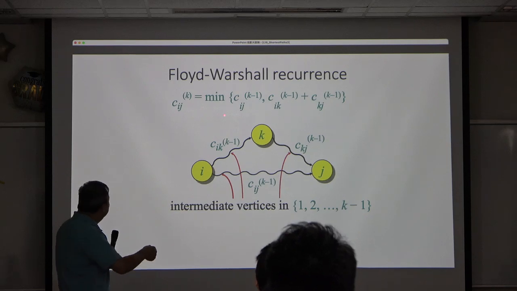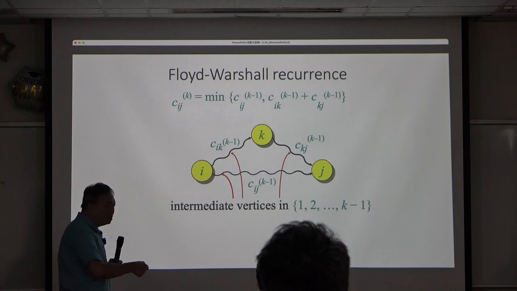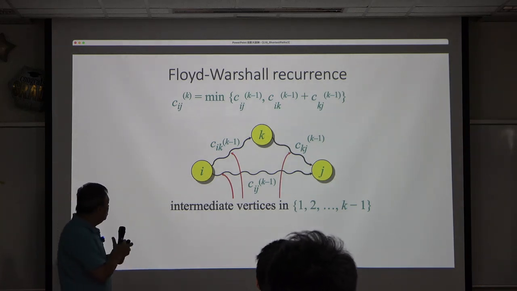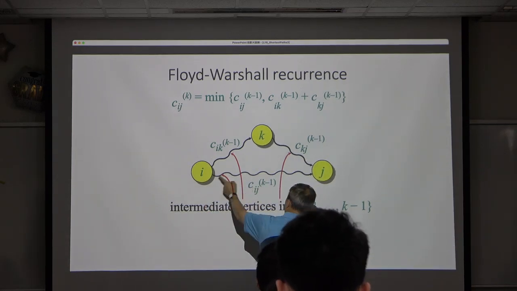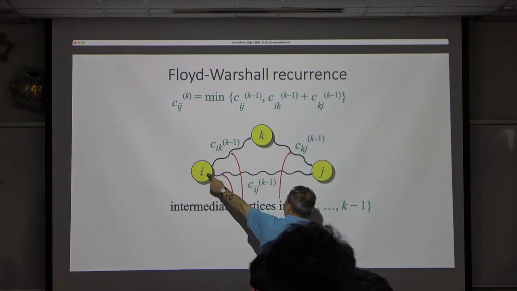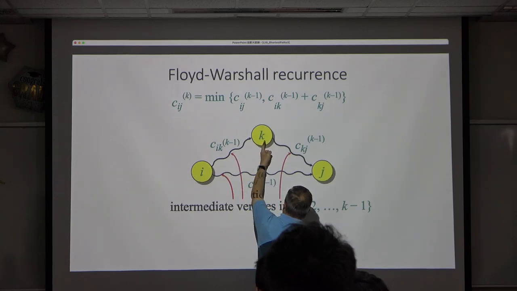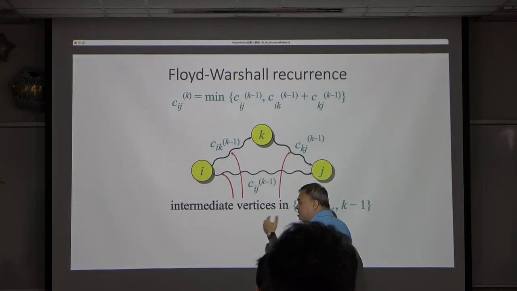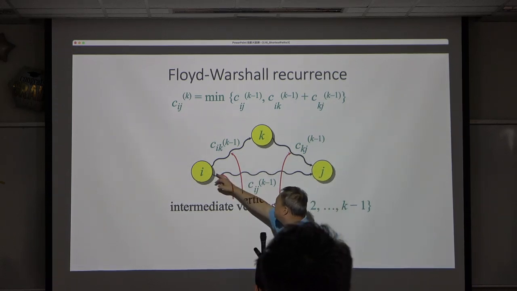What does that mean? It means you go from I to j, either you don't use node k at all, you just go from I to j. Or if you use node k, then you will go from node I to k, and then from node k to j. So either this one is smaller or this one is smaller.